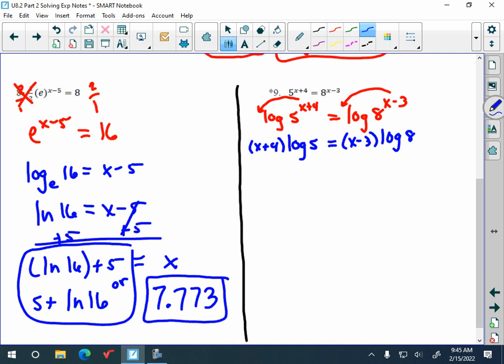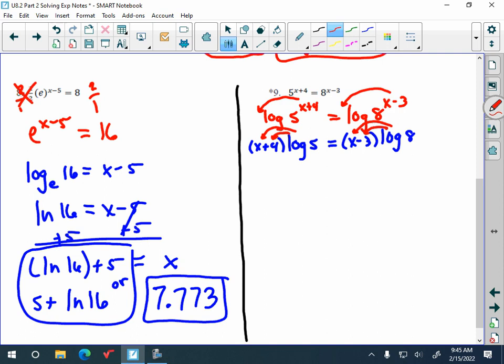All right, then the next step is you're going to take your logs and you're going to distribute inside to both terms. Okay, we're going to do that on both because we have two binomials. So when we distribute the logs in, the terms that are inside the parentheses are the numbers or the coefficients in front of both logs when you multiply it in.